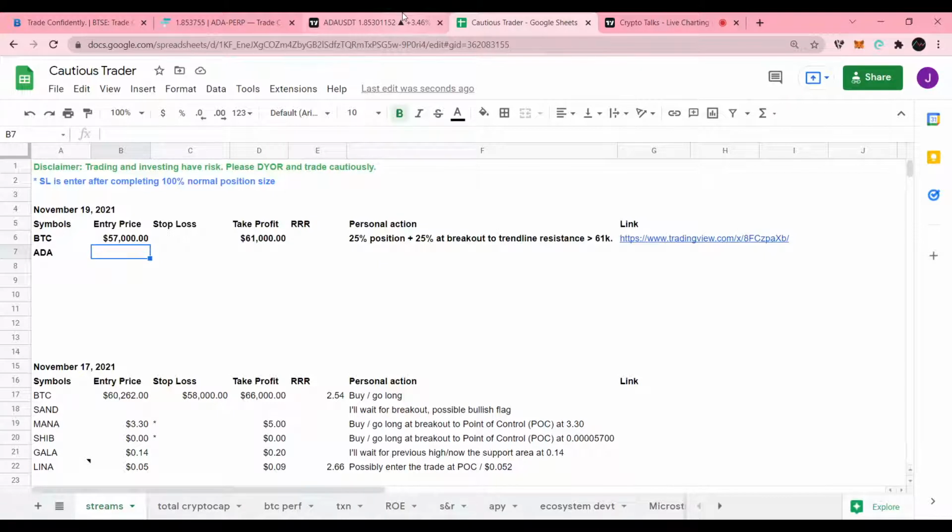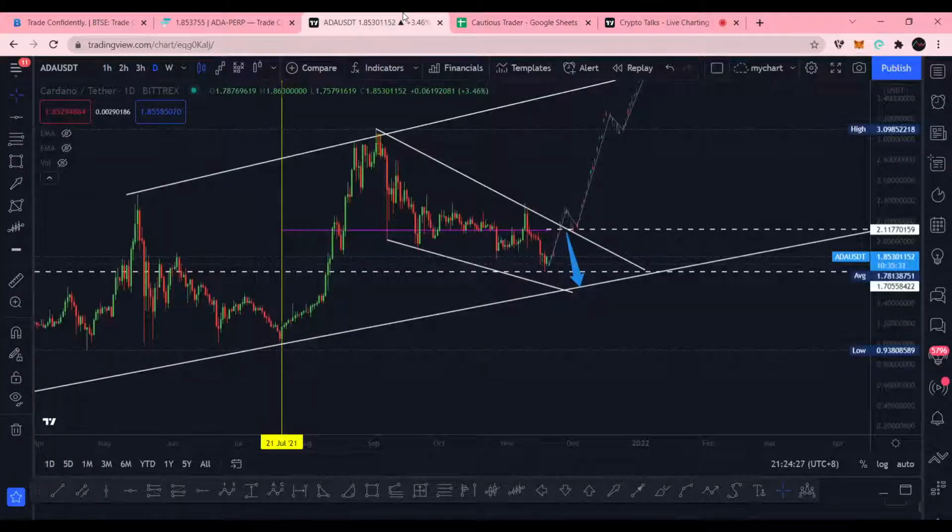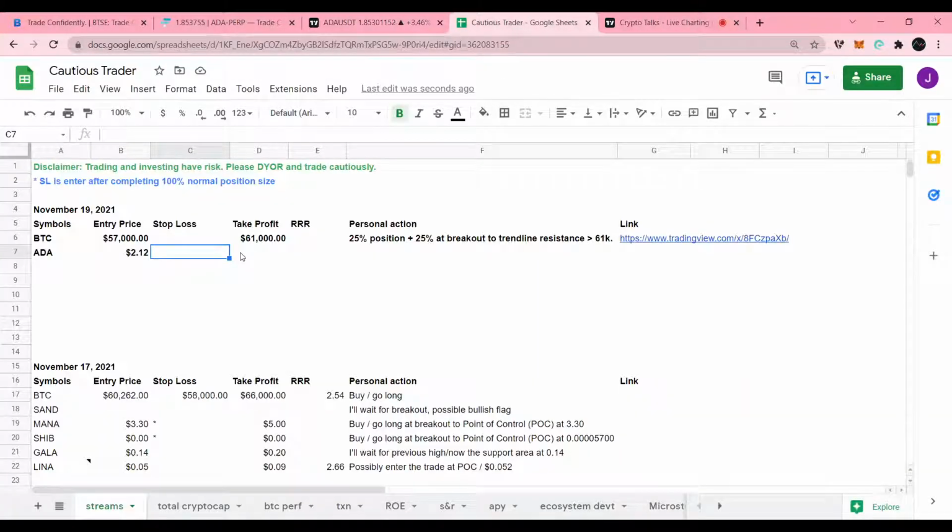So add to possible entry price at least 2.12, because 2.11 is at resistance. So 2.11, just 25%, and TP at 3.10.